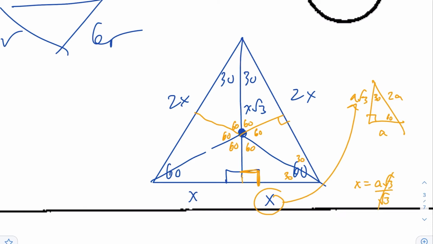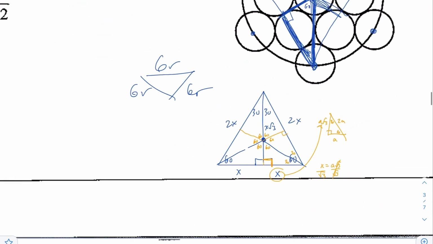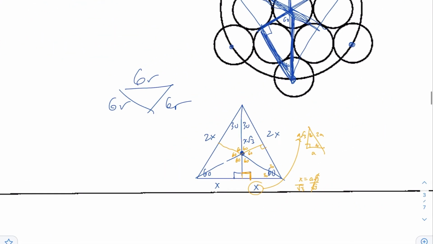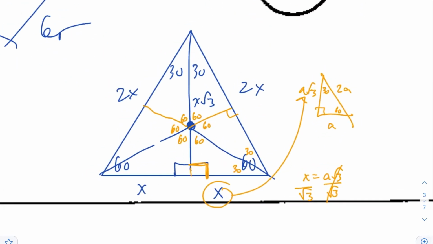And divide by root 3 on both sides. You can figure out that the hypotenuse, which is what you want, is opposite the 90 degrees. And that hypotenuse here is the radius. So that's going to be this piece, which is what you want. Will be 2 times this.